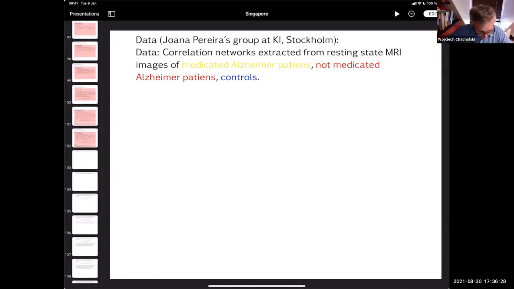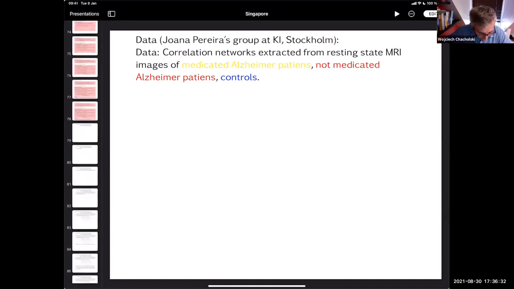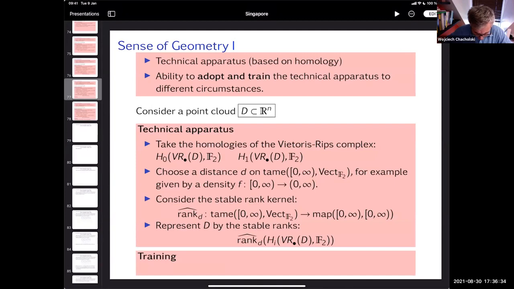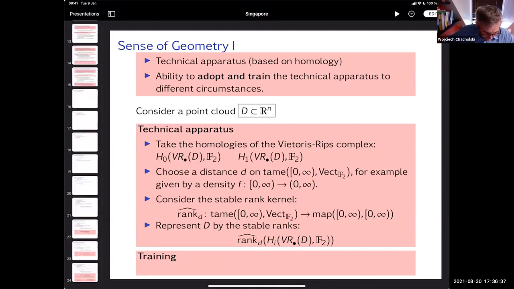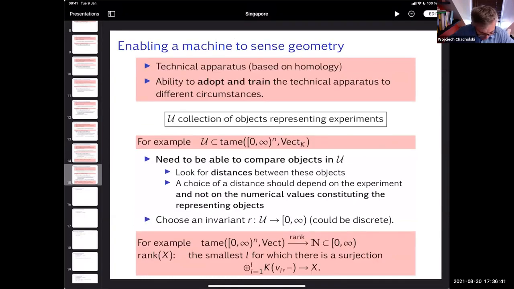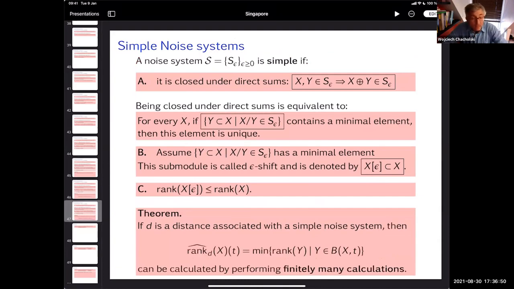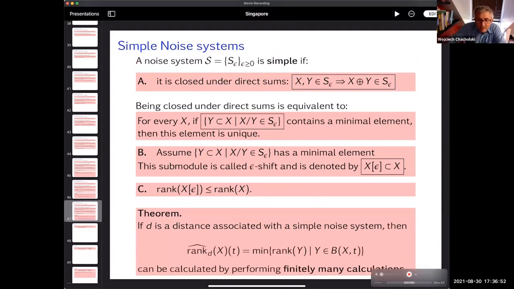this theorem, where was it? Sorry. This theorem, that I can make this calculation, that this stable rank stabilization only requires finitely many calculations.